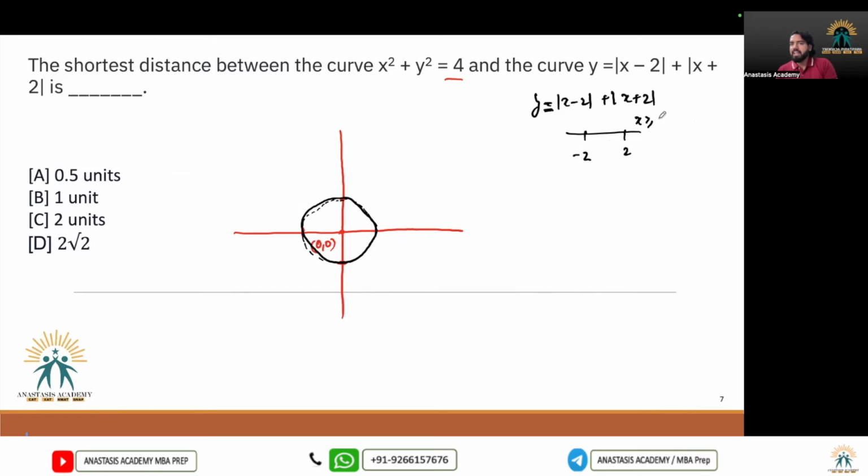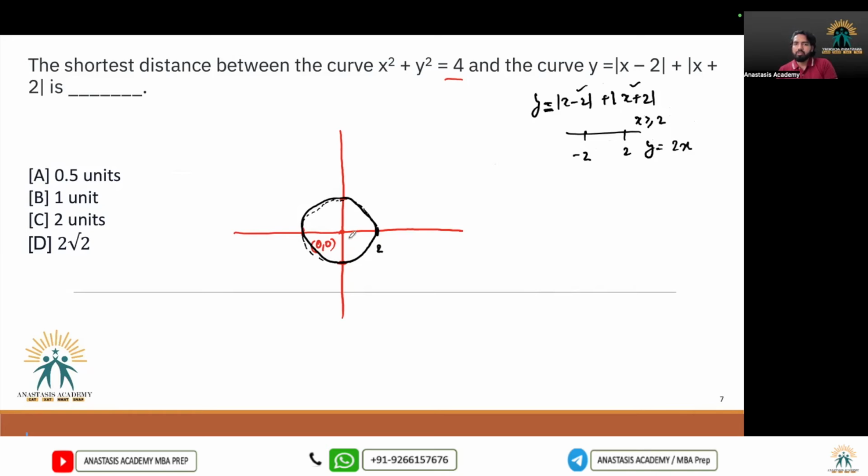For x greater than or equal to 2, y comes out to be, I know these mods will open as a positive sign because these two expressions are positive for x greater than or equal to 2, right? So I'll get 2x, correct?